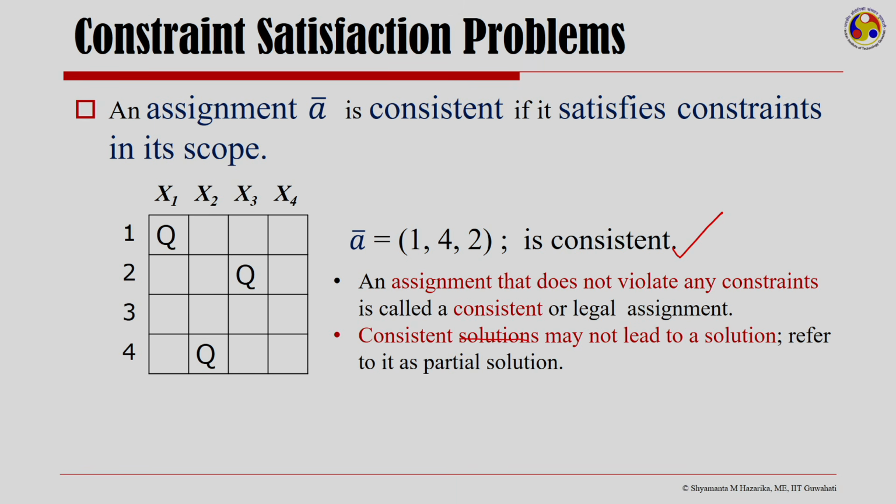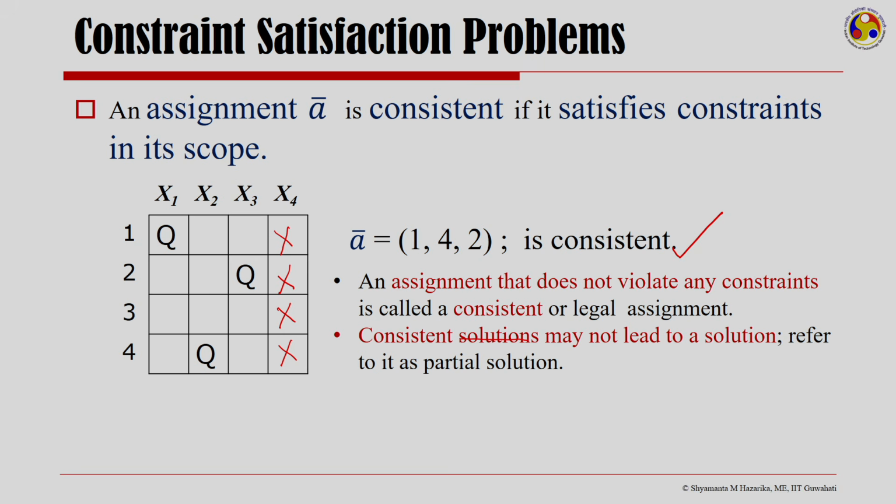Let us look back at this example one more time. We have a queen at this position, which is perfectly okay with a queen at 4 for x2 and a queen at 2 for x3. But when we want to have a queen for the fourth variable, we are unable to have a queen here, we are unable to have a queen at the second location, neither in the third row nor in the fourth row.